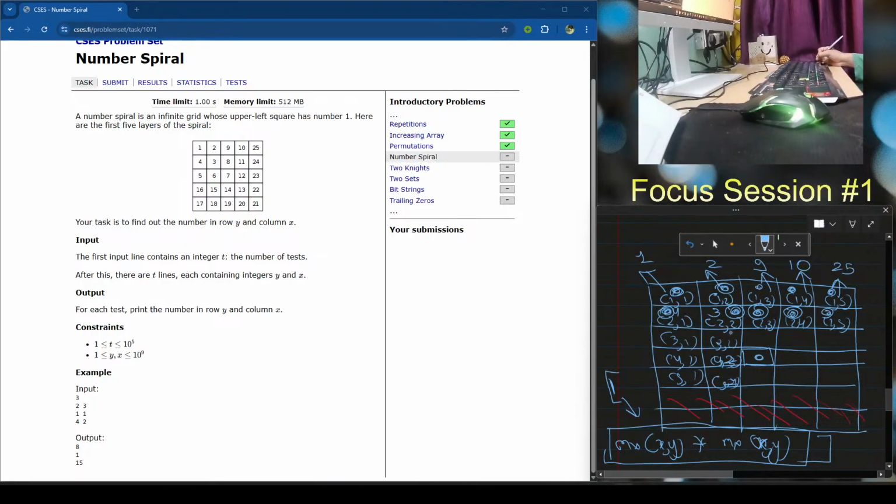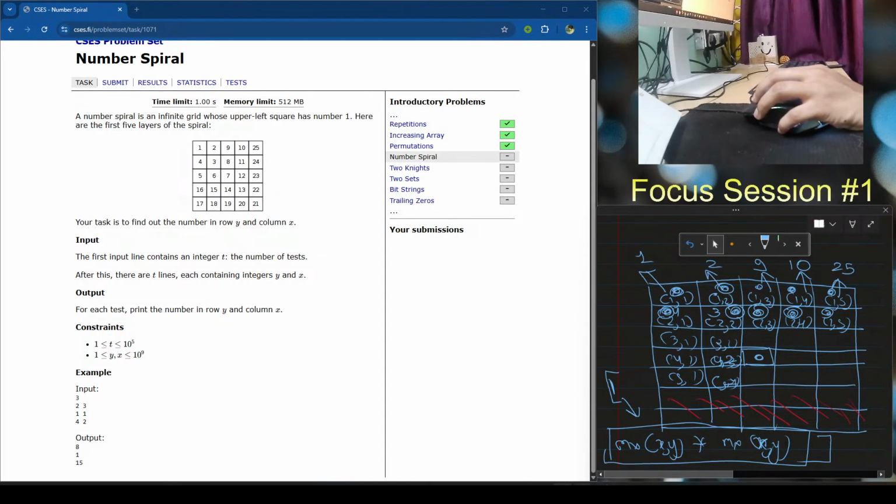I know that if it is 4 comma 4, 16. But if it is 5 comma 5, if it is odd, the value lies in the row. If it is even, the value lies in the column. Should I say that or not?